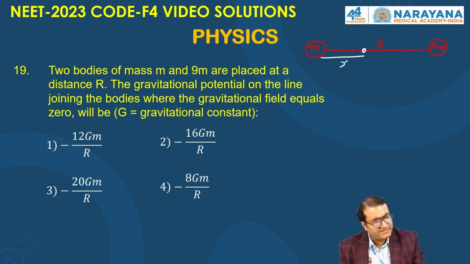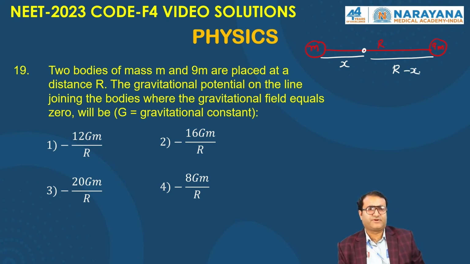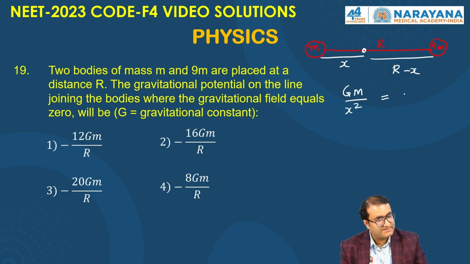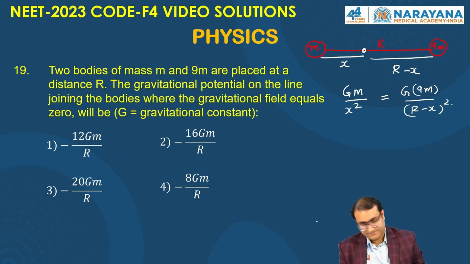Let us say this distance be x and this distance be r minus x. Gravitational field intensity due to both should be equal and in the opposite direction. So simply I am equating Gm by x square is equal to G of 9m by r minus x whole square. From this, we'll get the value of x, and x will come out to be r by 4 after solving this.